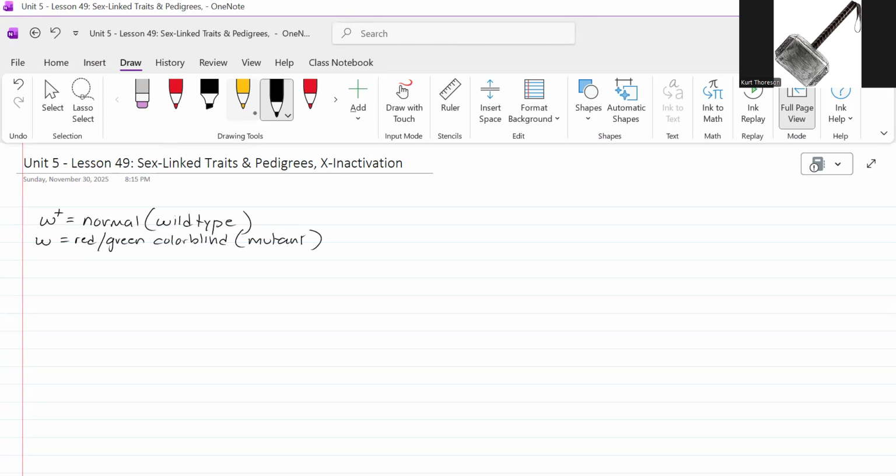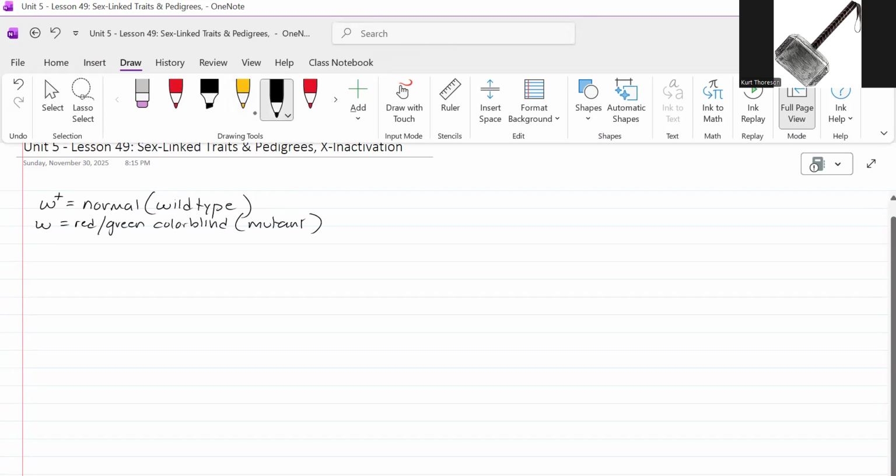Now, keep in mind that this is a sex-linked trait, so the alleles have to be synced up with their sex chromosomes, specifically their X chromosomes, okay? So if I have a female that looks like this, she is going to be homozygous dominant and have the wild type trait, which would be normal vision.